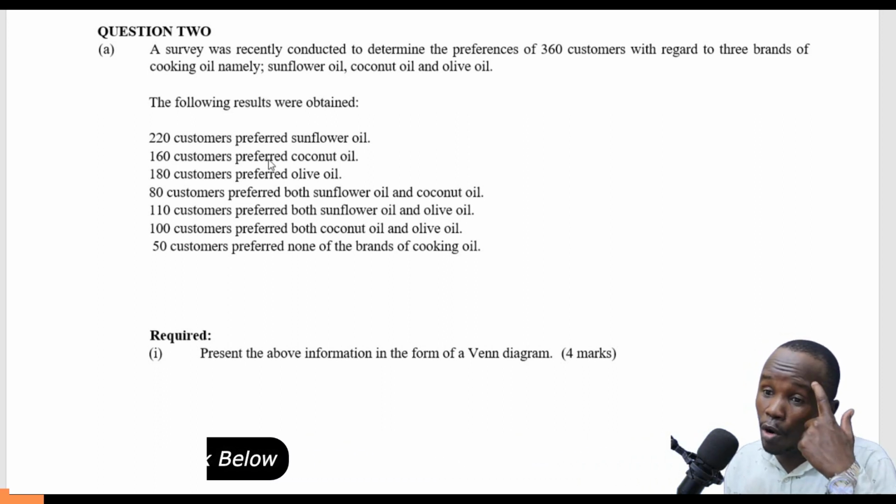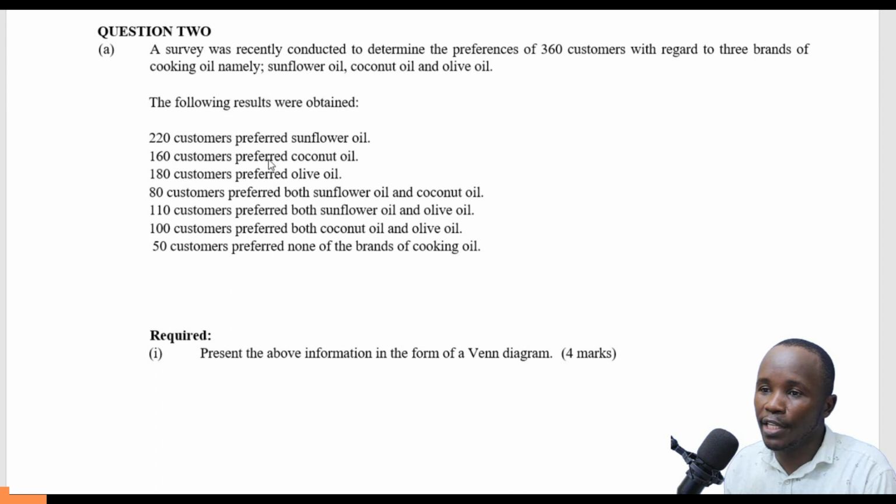The following results were obtained: 220 customers preferred sunflower, 160 preferred coconut oil, 180 preferred olive, 80 customers preferred both sunflower oil and coconut oil, 110 customers preferred both sunflower oil and olive oil, 100 customers preferred both coconut oil and olive oil, and finally 50 customers preferred none of the brands of the cooking oil.